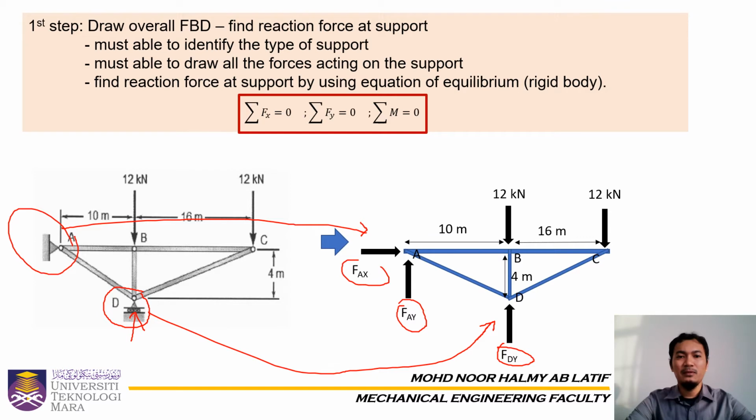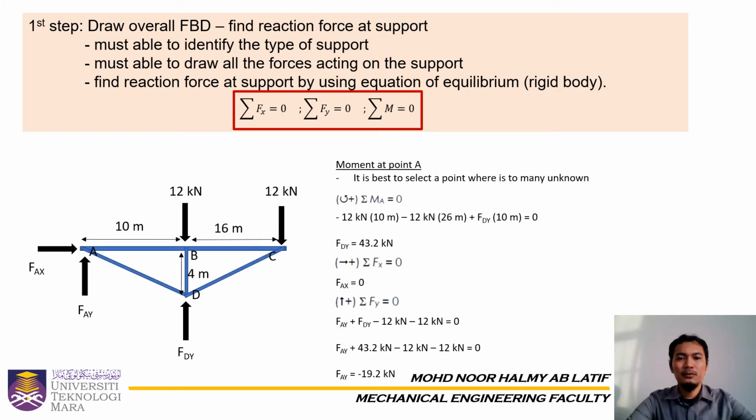The next step is to solve it by using the equations of equilibrium. To start with, it is best to select a point where we can take a moment. The point selected must be the point where there are many unknowns. In this case, we have three unknowns, which are FAY, FAX, and FDY.